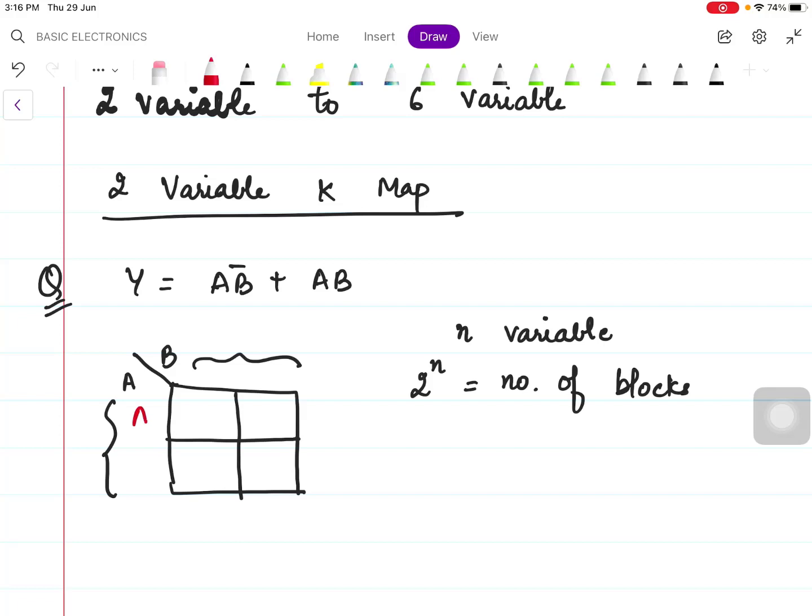So this is A bar, or 0, and this is 1, that means A. Similarly this is B bar, that means 0, and this is B.